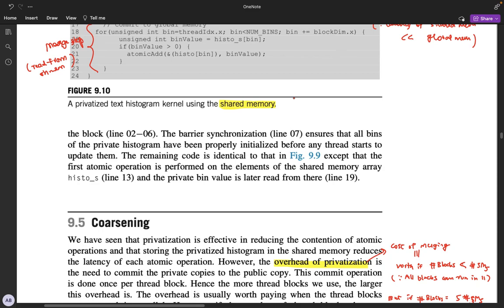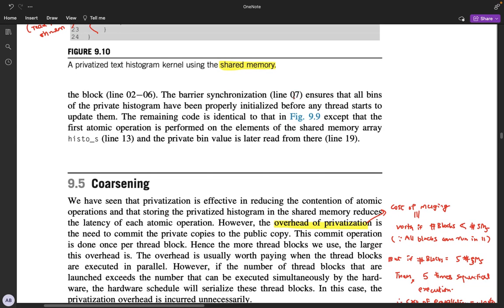But if, let's say, the number of blocks is five times the number of hardware resources required to execute all the blocks, then the hardware essentially sequentializes these into five iterations.